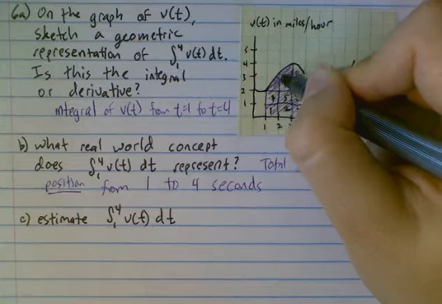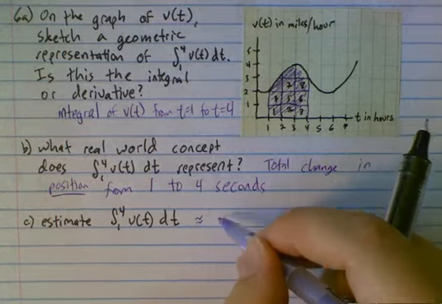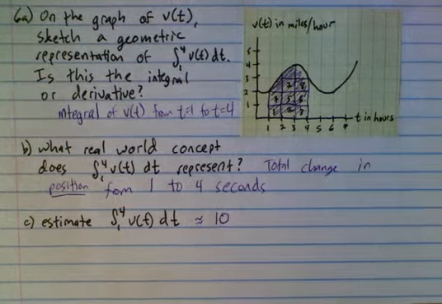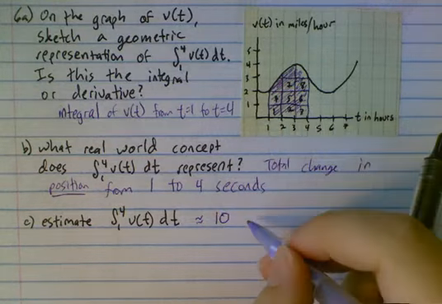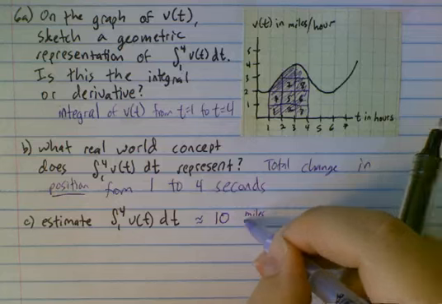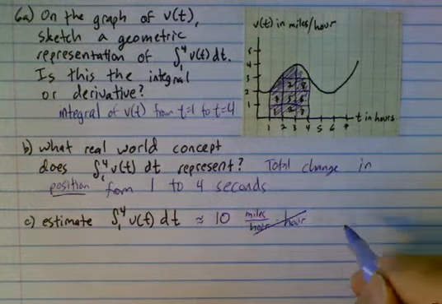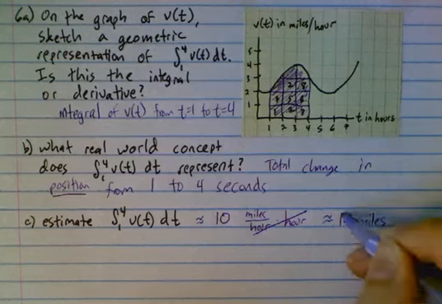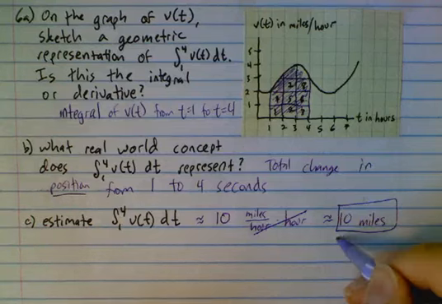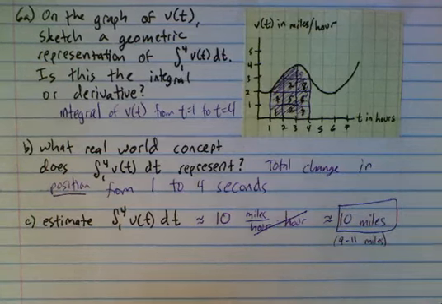And when we put all this together, we're probably talking about 10. Now, looking again at the units, this is area, so we're going to do miles per hour times hours, 10 miles. And again, we're probably looking at anywhere between 9 and 11 miles for an estimate.